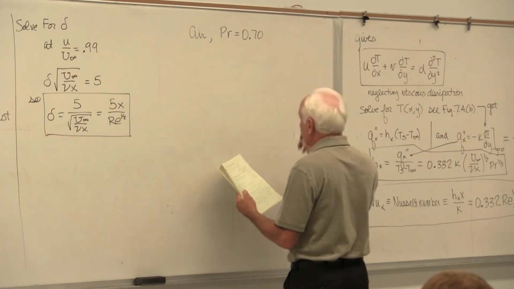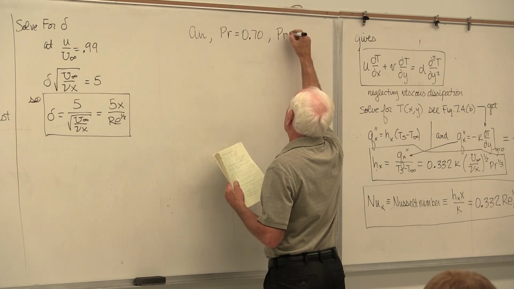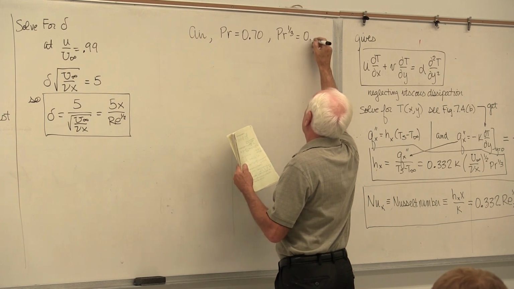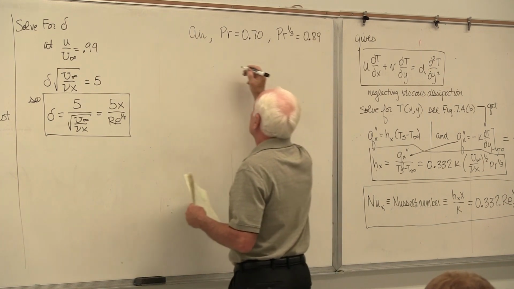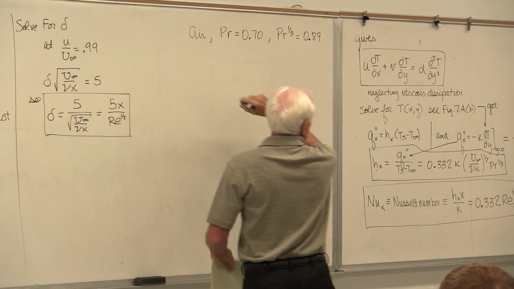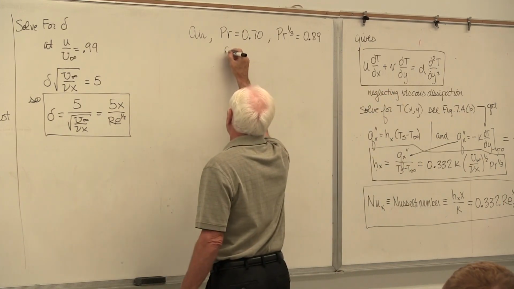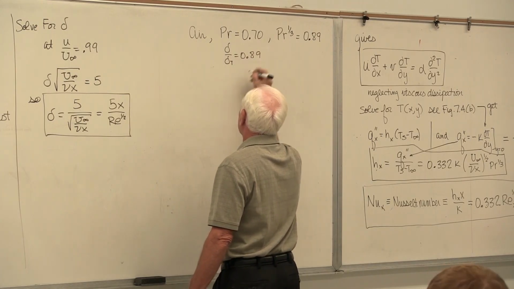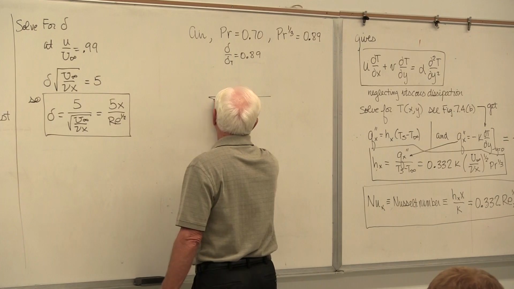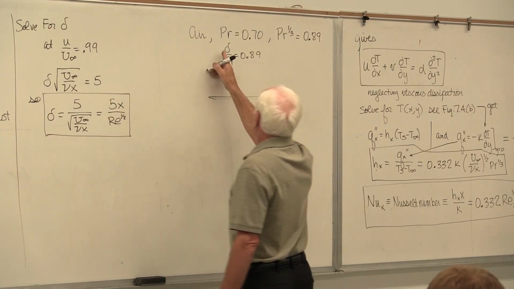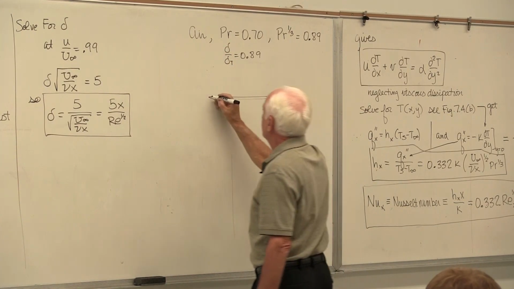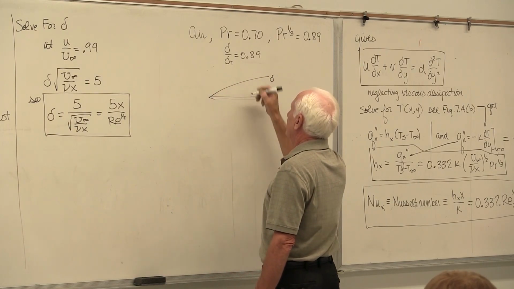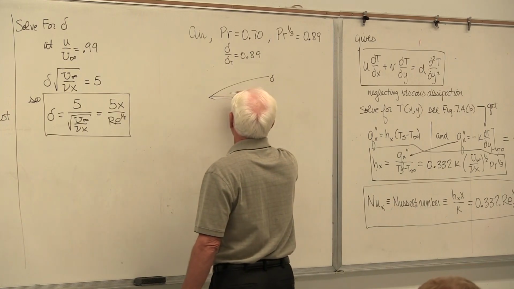So let's look at what the Prandtl to the 1/3 is. About 0.89. So that tells me that delta over delta T is 0.89. Delta T is bigger. Here's the velocity boundary layer, and then our delta T is bigger.